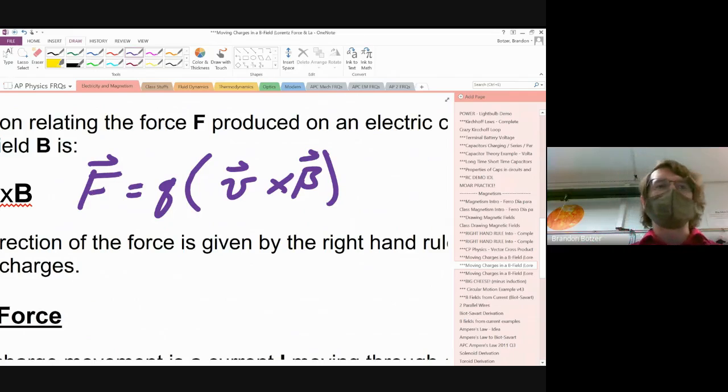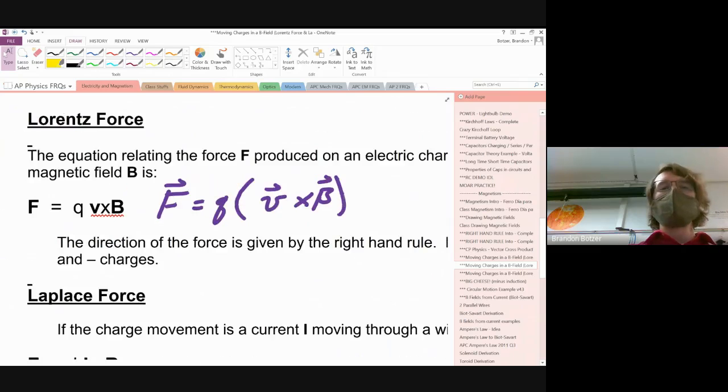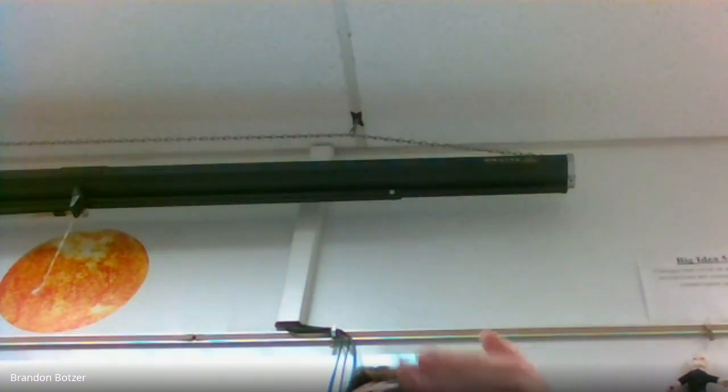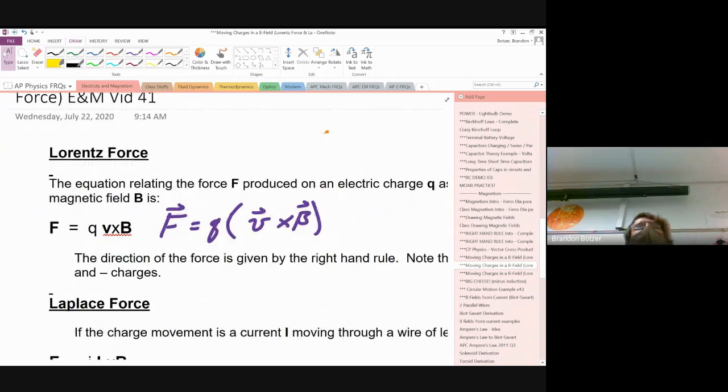Don't actually burn it into your retina, but it wouldn't be a bad idea. Or it would be a bad idea. This is what we refer to as the Lorentz force. This is the force on a moving charge in a magnetic field. If you have a charge and it is moving within a B field, it is going to deflect due to this force.